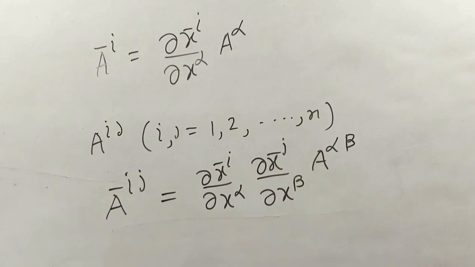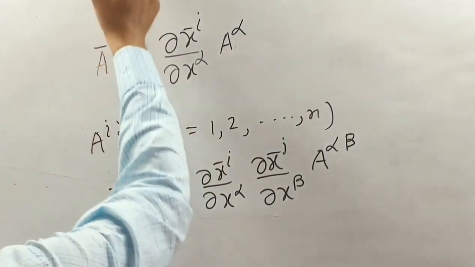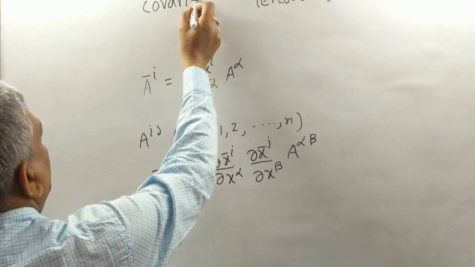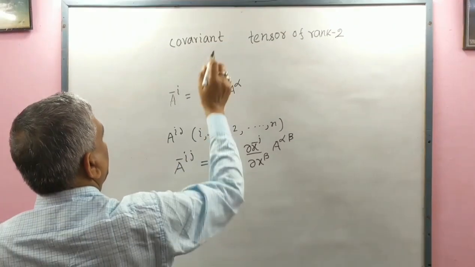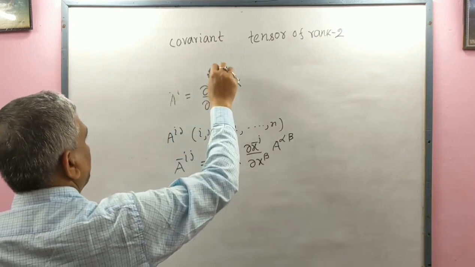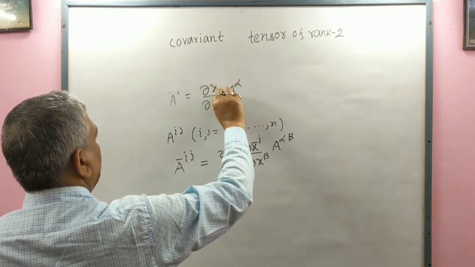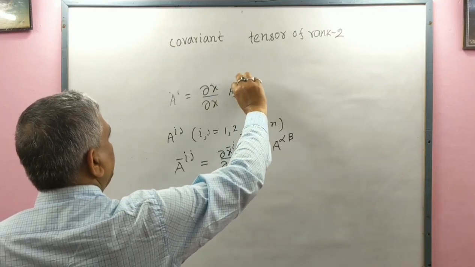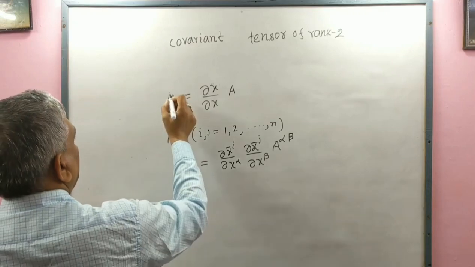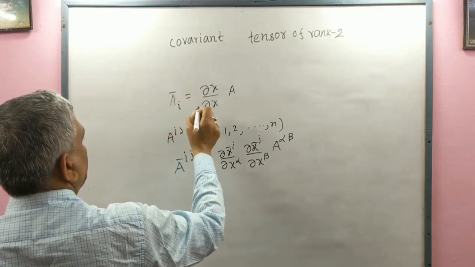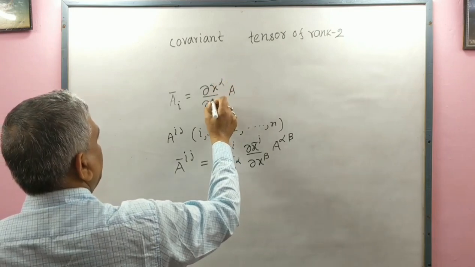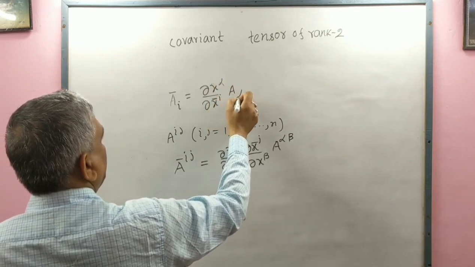Our next problem is the covariant tensor of rank 2. As we have seen, the covariant vector is A bar i equal to del x alpha by del x bar i A alpha.